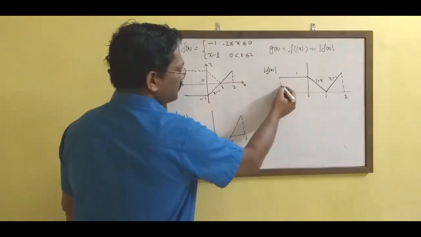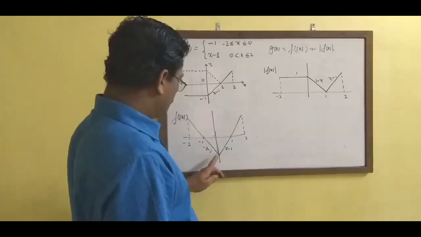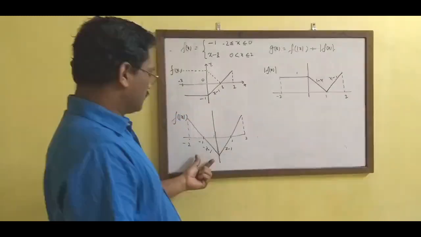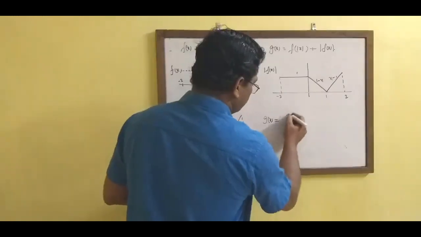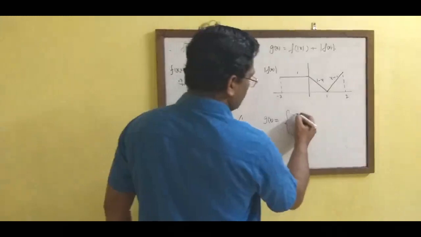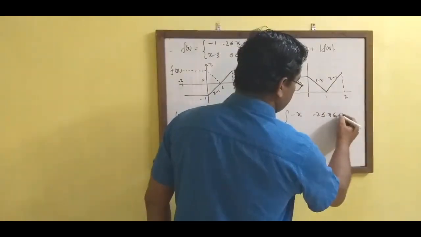So clearly you can see the two things. Now from minus 2 to 0, this is equal to 1 and this is equal to minus x minus 1. So now I can add the 2. So minus x minus 1 plus 1 gives you minus x, provided x lies between minus 2 and 0.